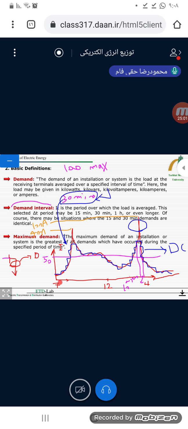The factory needs to buy energy from the utility of Basra by the blue color curve, not the red color curve.